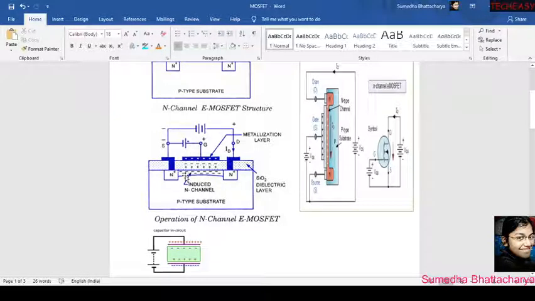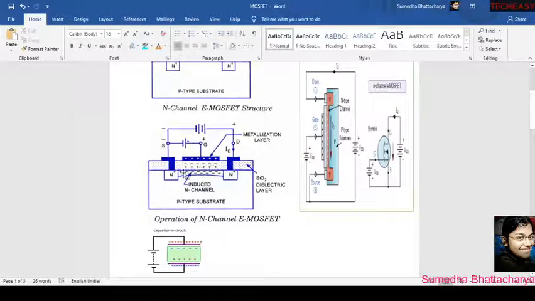Then what will happen? You can see one N channel is created, because now when VGS is increased, there is no P-type behavior in this region. There is only N-type behavior. So there will be one N channel between two N walls.